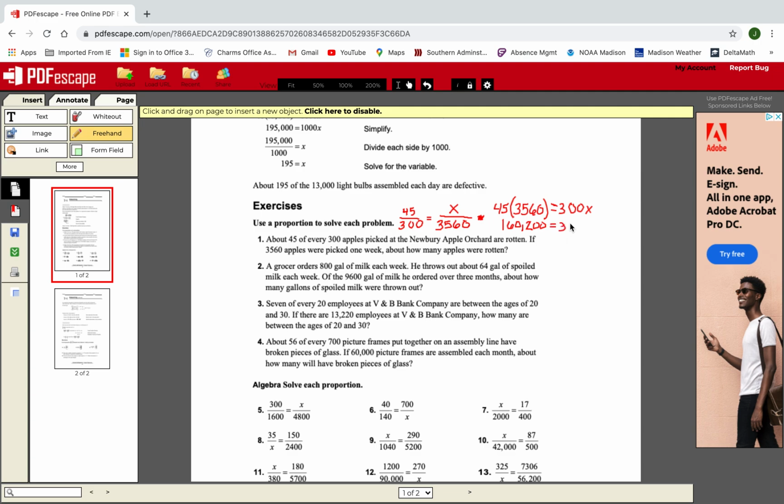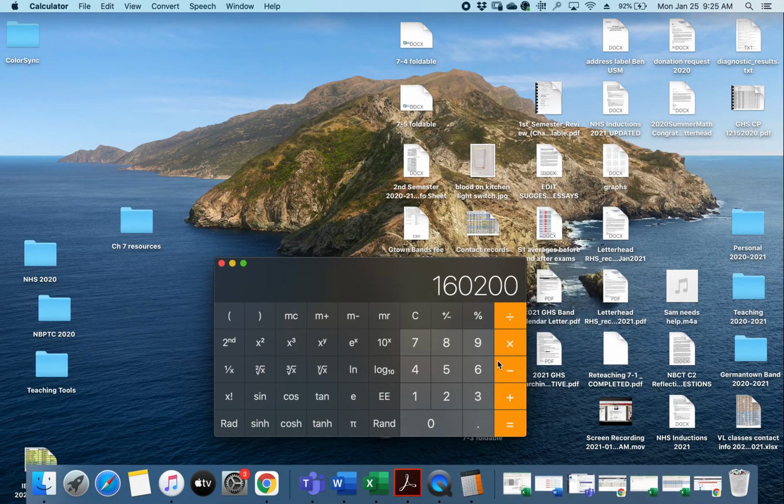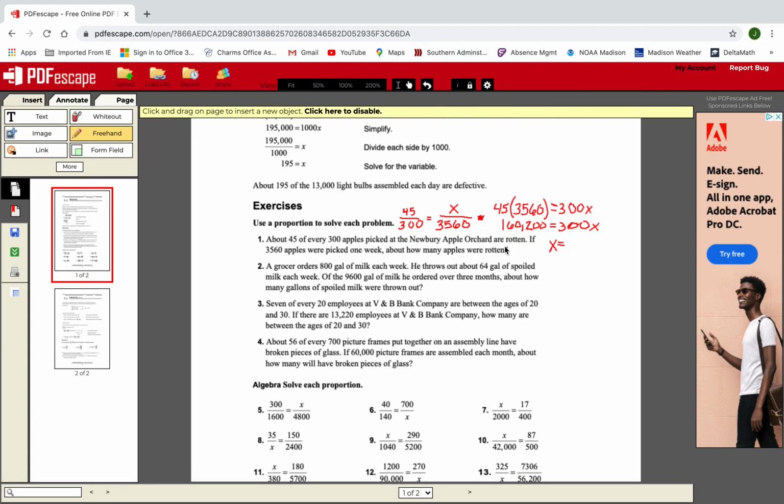I'm dividing both sides by 300. So how many were rotten? Good, 534. Okay, all right.